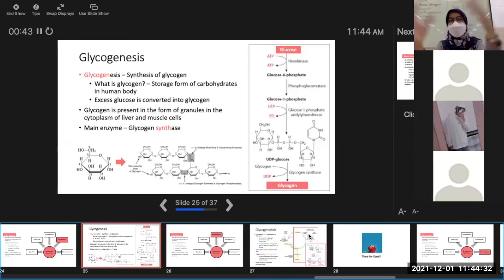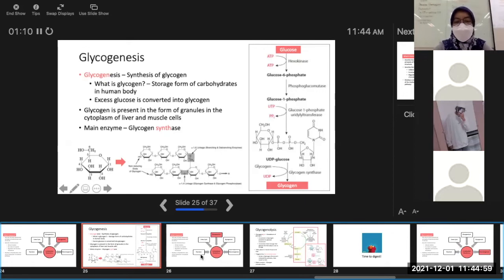So just to share with you, if you go into a clinical setting, especially for those coming from a biomedical science background, there are a lot of diseases that come from defects in these pathways. So those taking clinical biochem later would still see this pathway, but you will see how, for example, a defect in this enzyme or the lack of this molecule can cause a certain disease.